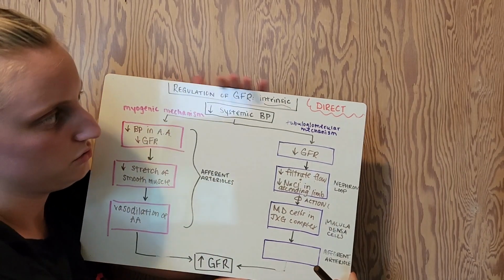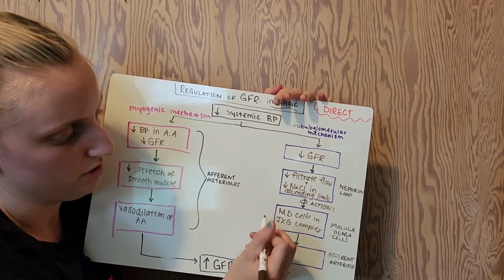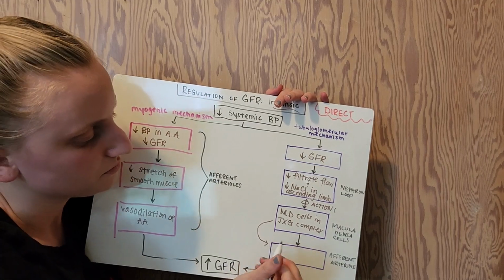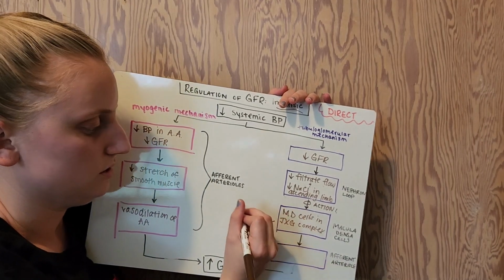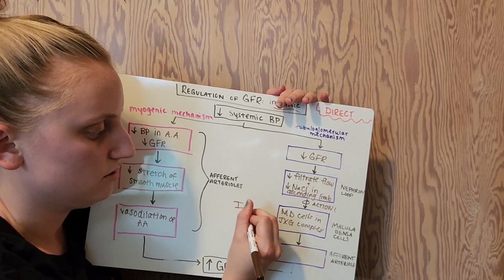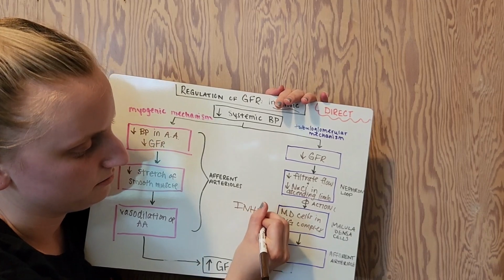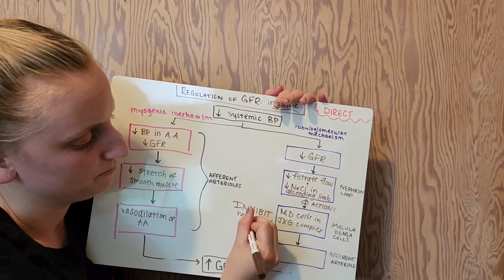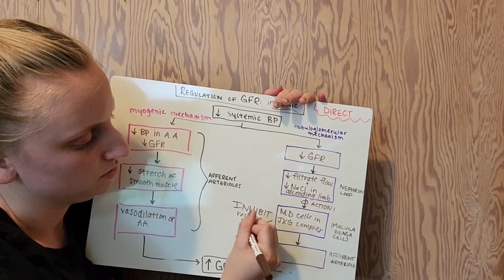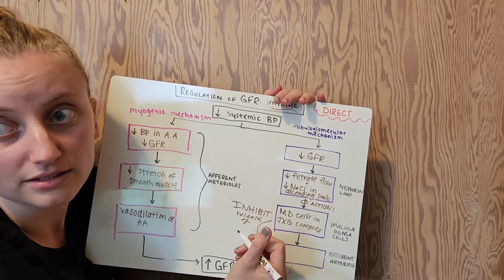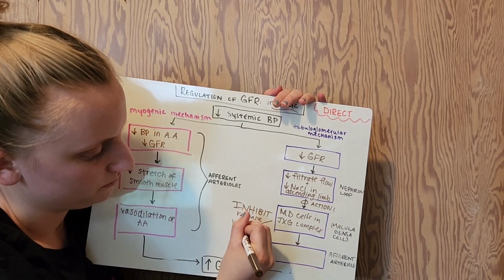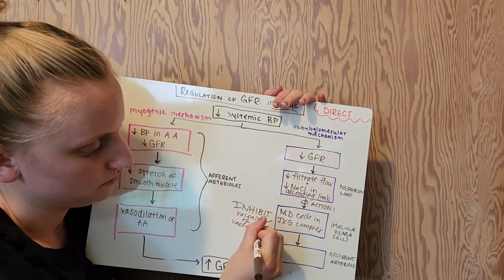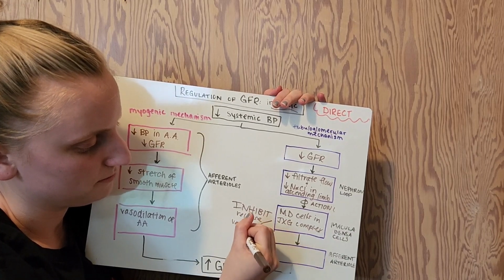So we're going to make this arrow be an extended arrow, and that means inhibit release of vasoactive chemicals.